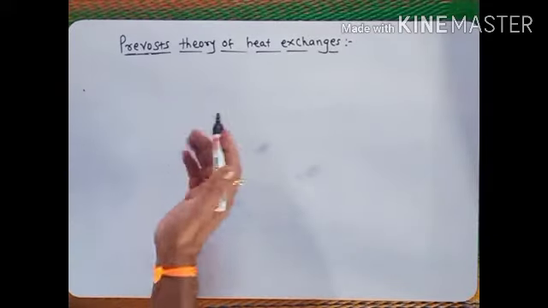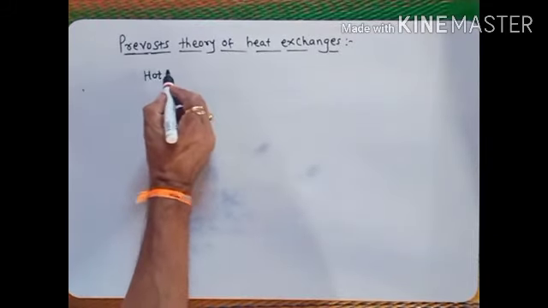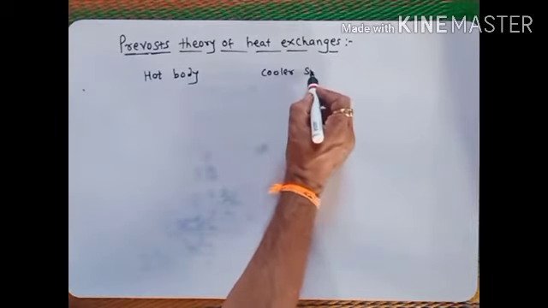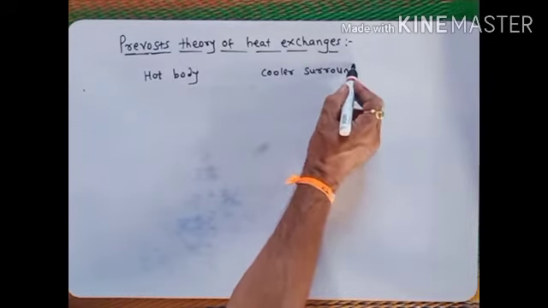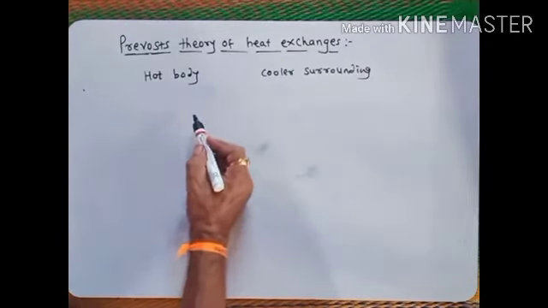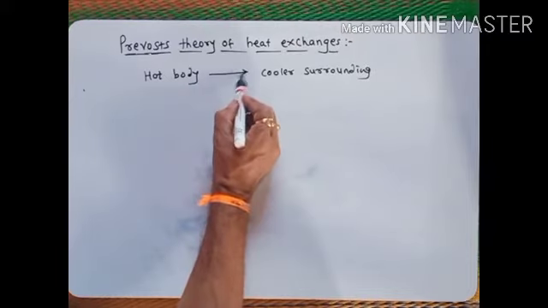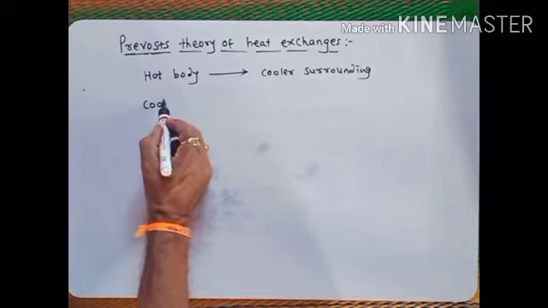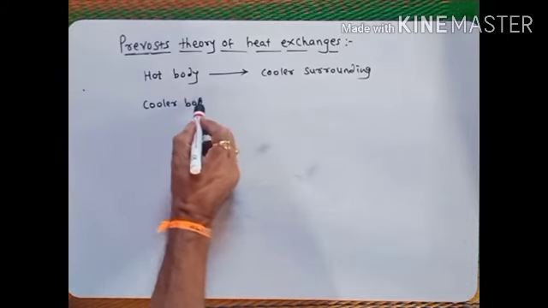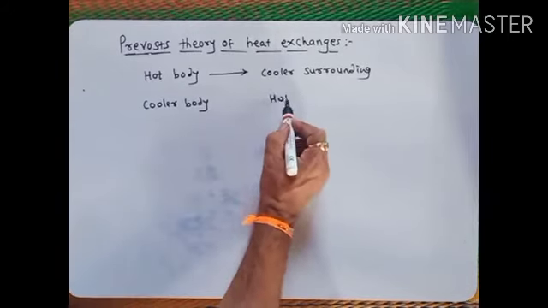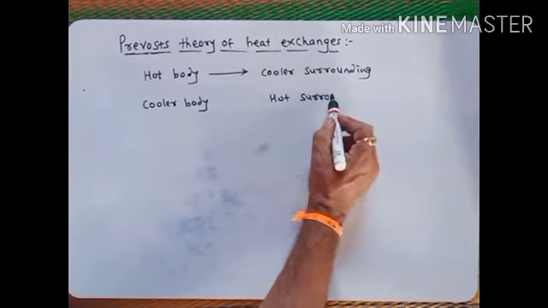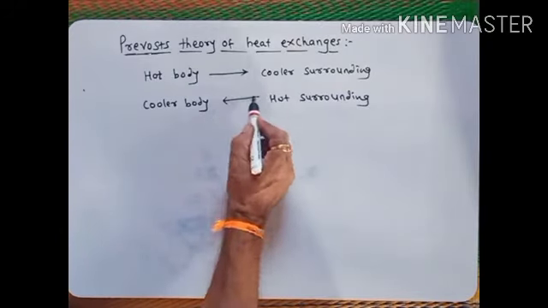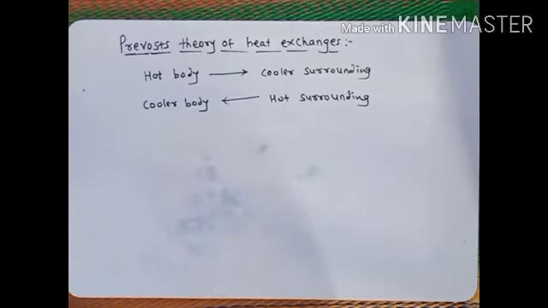When a hot body is placed in a cooler surrounding, then heat flows from the hot body to the cooler surrounding. Now the next case: when a cooler body is placed in a hot surrounding, then heat flows from the hot surrounding to the body.